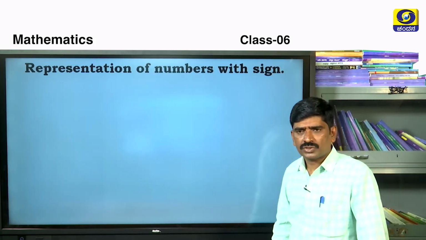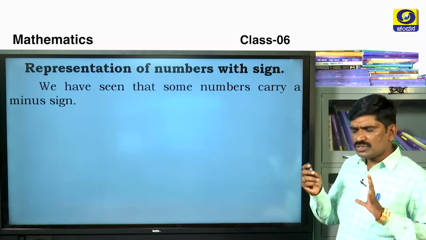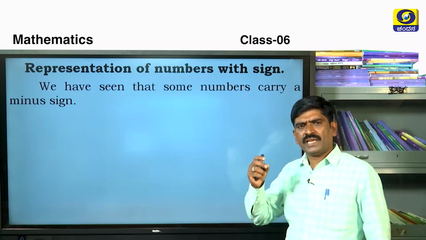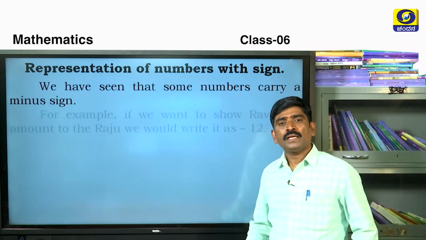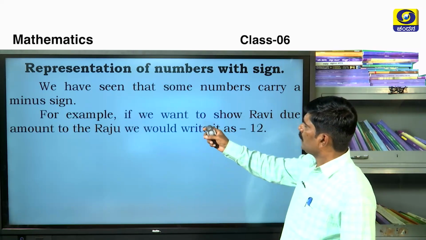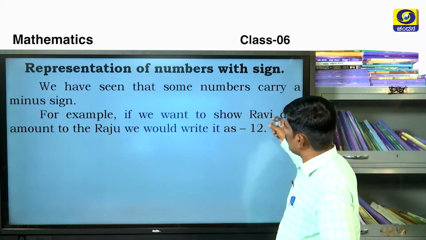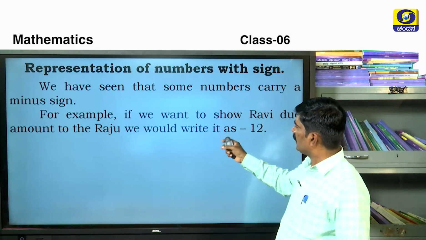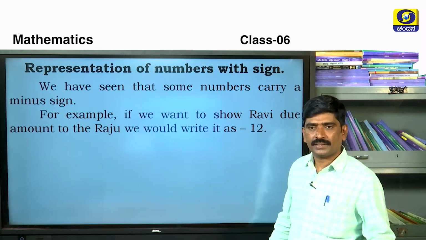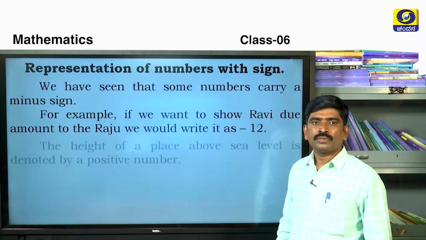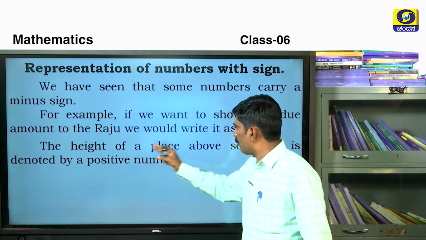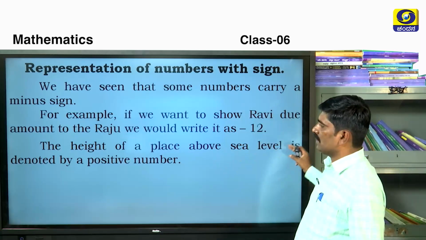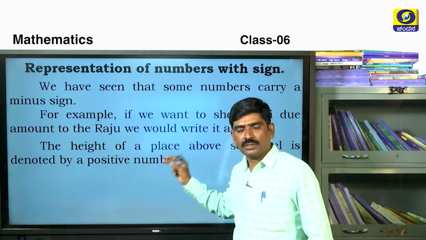Representation of numbers with sign. We have seen that some numbers carry a minus sign. Okay. Then take an example. If you want to show Ravi's due amount to Raju, we would write it as -12. That is debt. Then the height of a place above sea level is denoted by positive numbers.